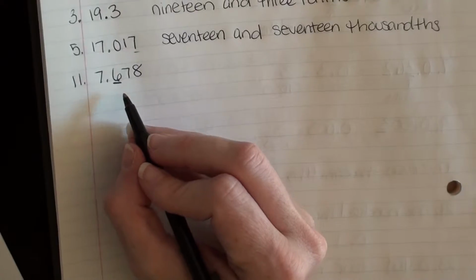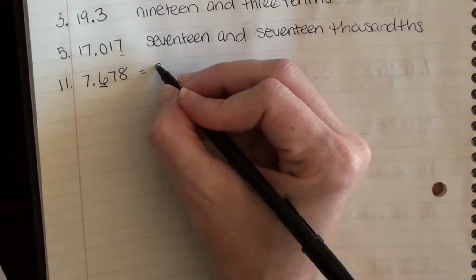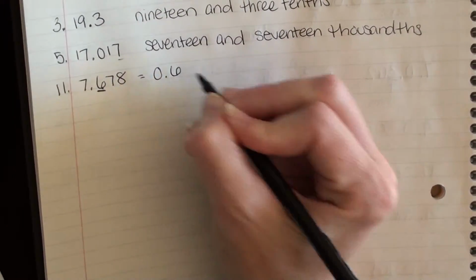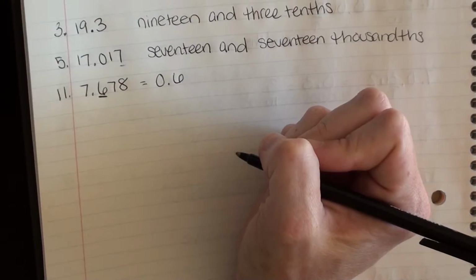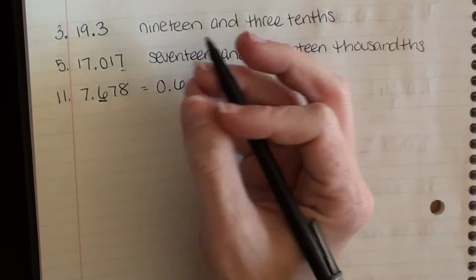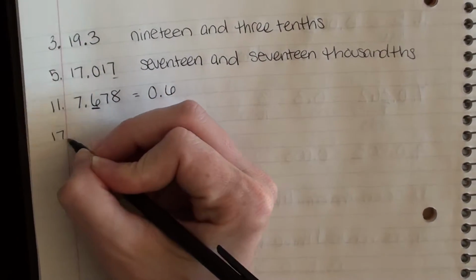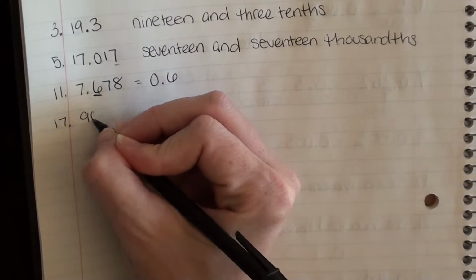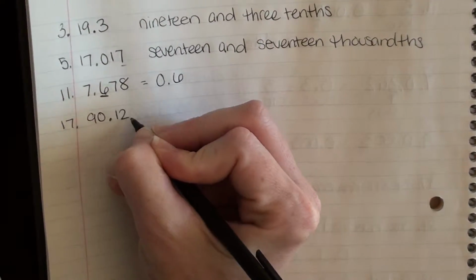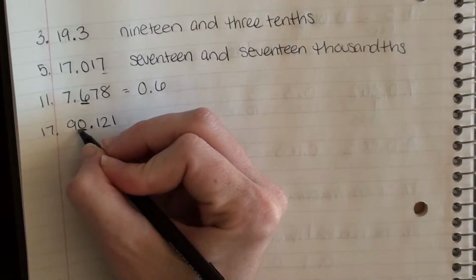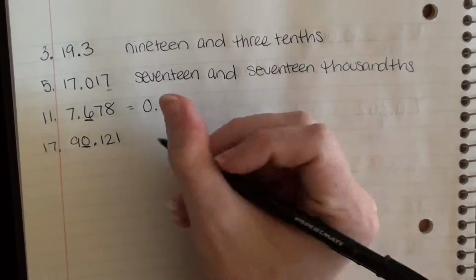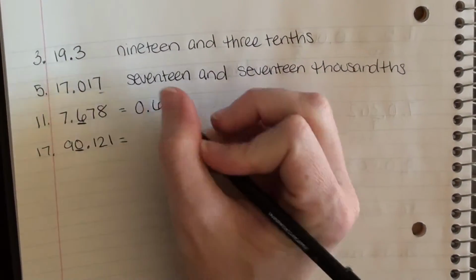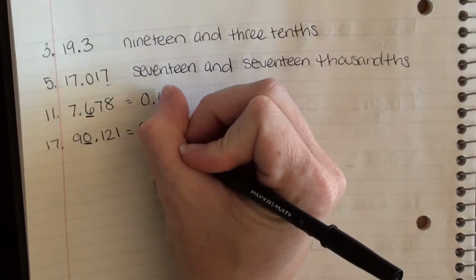It is in the tenths place, so that is worth 6/10. Let's look at 17. I have 90 and 121 thousandths, and the 0 is underlined, and that 0 of course is worth 0.